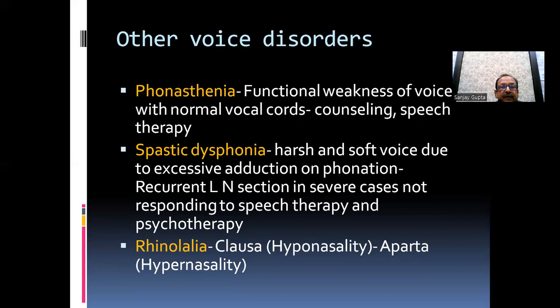Another condition is rhinolalia. It has two types: rhinolalia clausa and rhinolalia aperta. Rhinolalia clausa results in hyponasality and aperta results in hypernasality.